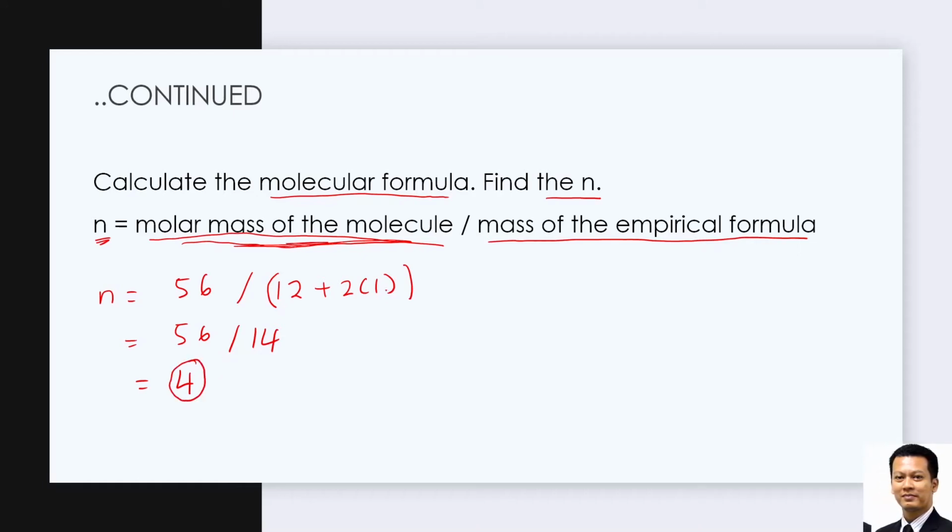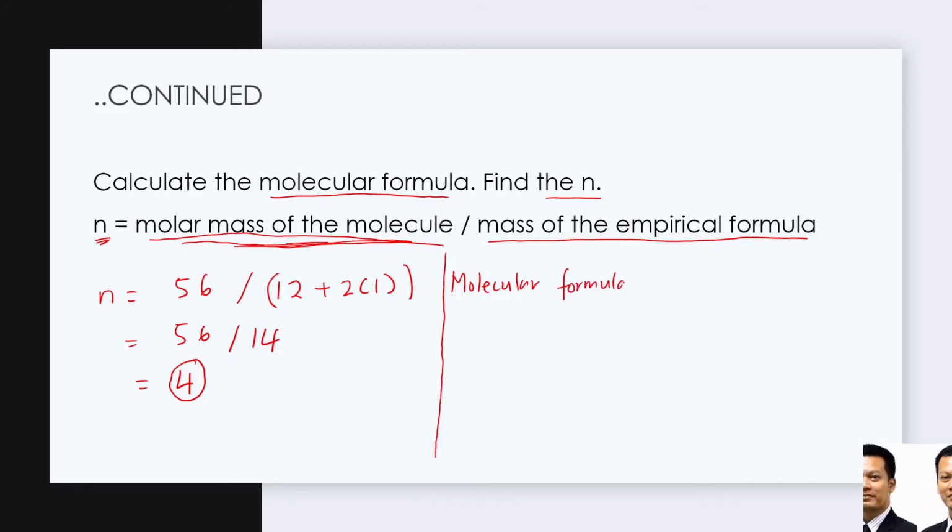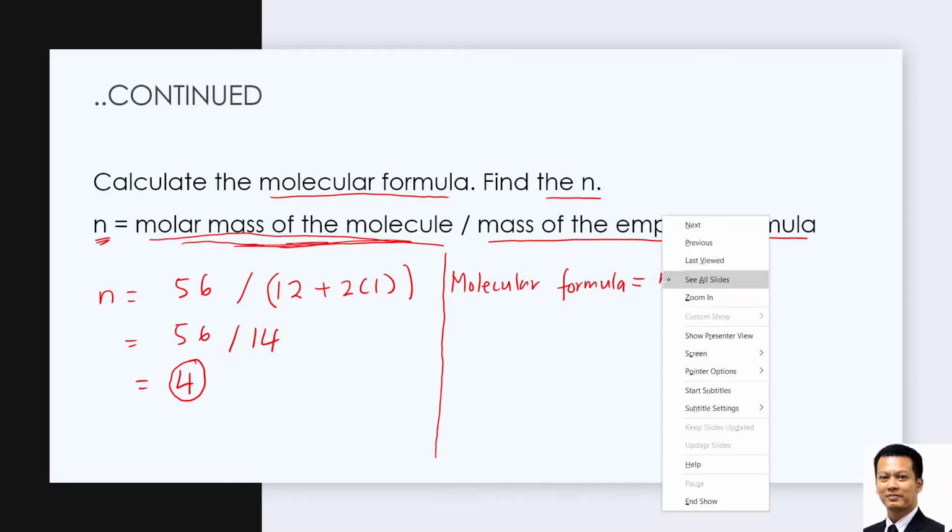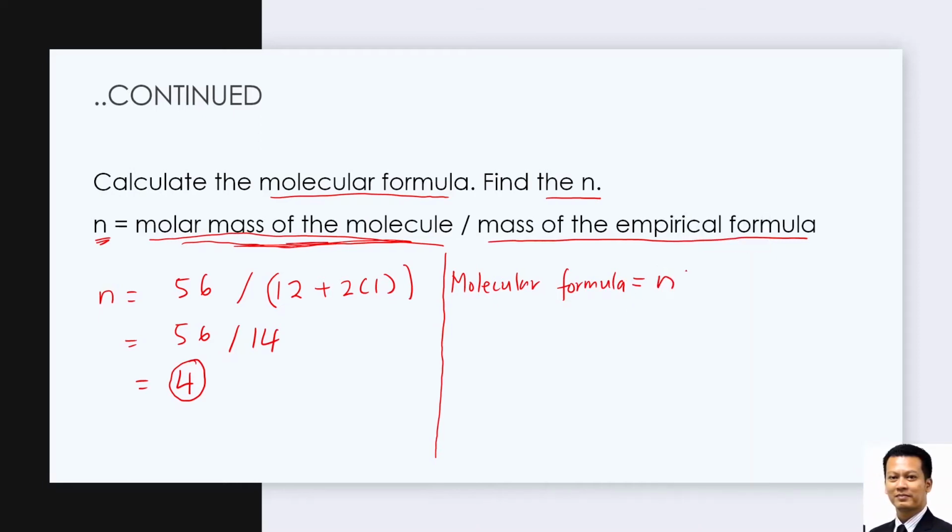And for you to put the number 4 in your equation, it will be like this. Molecular formula, this is what we are looking for. We know the molecular formula equals N times CH2, the empirical formula.